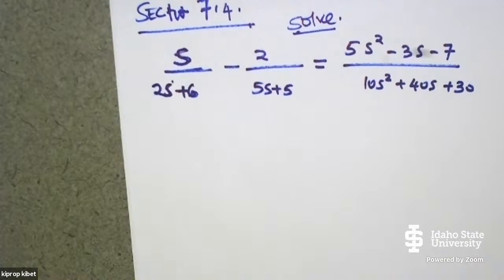That is the denominator. Now, if you look at this and this, when we multiply 2s plus 6 and 5s plus 5, we will get this.